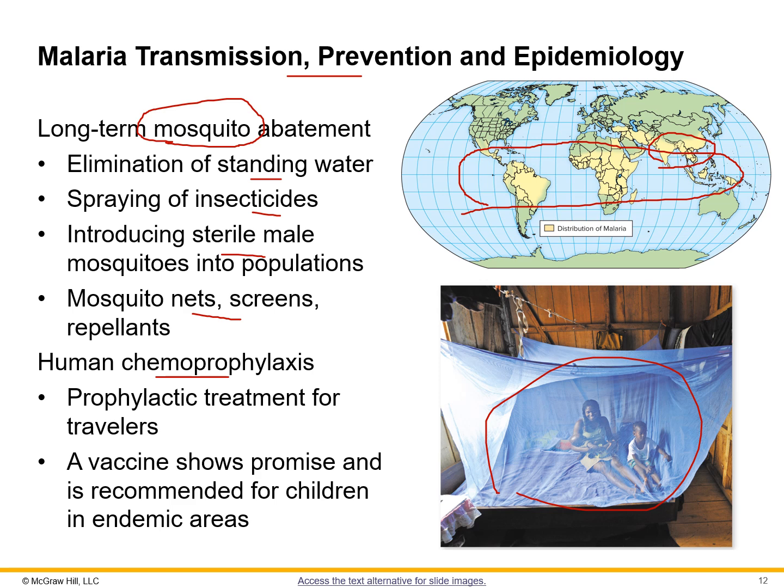While it's not endemic to the United States, as there's more travel to these different regions, it's able to bring that back. So prophylactic treatment for travelers, just meaning treating them with antiprotozoans before they travel so that they don't get the disease while they're there. And now there's even a vaccine that's showing promise for children in the endemic areas, like Africa. Not approved yet, but it is showing promise.